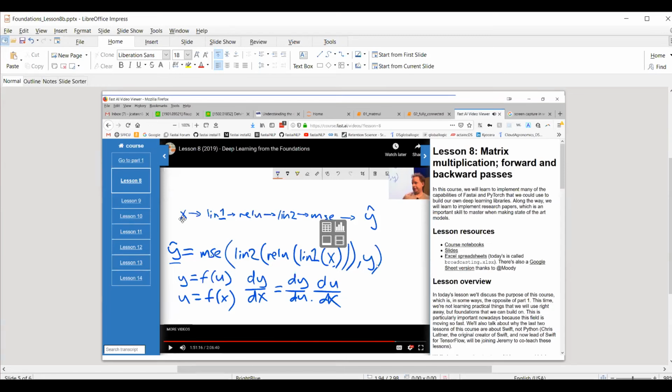Okay. Now, lin1 is the mapping that maps that input data into an embedding vector of length 50. So it multiplies the input array by a weights matrix that maps it into a column vector of length 50.